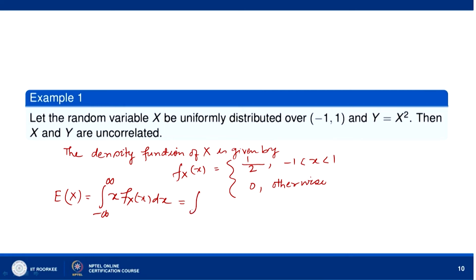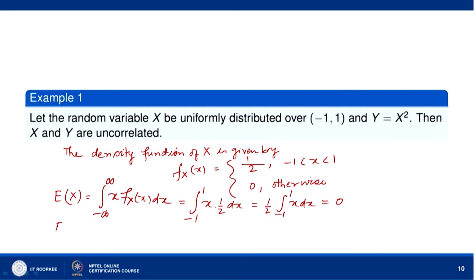So, this is integral over minus 1 to 1 x into 1 by 2 dx. Okay. So, this is half into, x is an odd function of x, so integral over minus 1 to 1 x dx will be equal to 0. So, expected value of x is equal to 0.